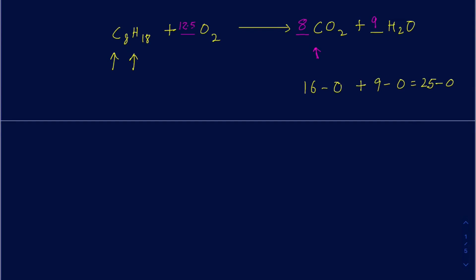So to be consistent, you have to multiply this whole reaction by 2. Okay, so when you multiply this whole reaction, it will balance out by itself. Let me just copy this down here.